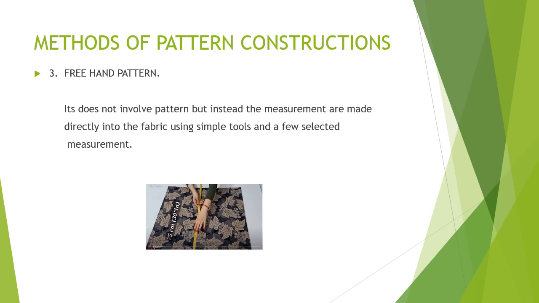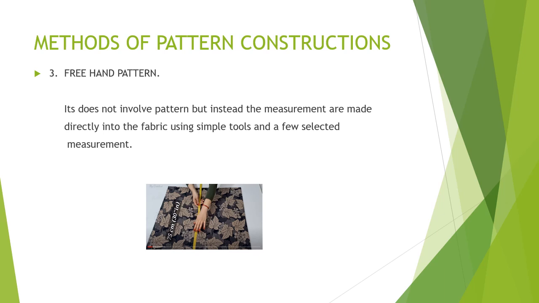So let us define what is freehand pattern. It does not involve any pattern, but instead the measurements are made direct onto the fabric using tools and a few selected measurements. You don't have to get all the measurements that you need to cut your pattern in freehand measurement.